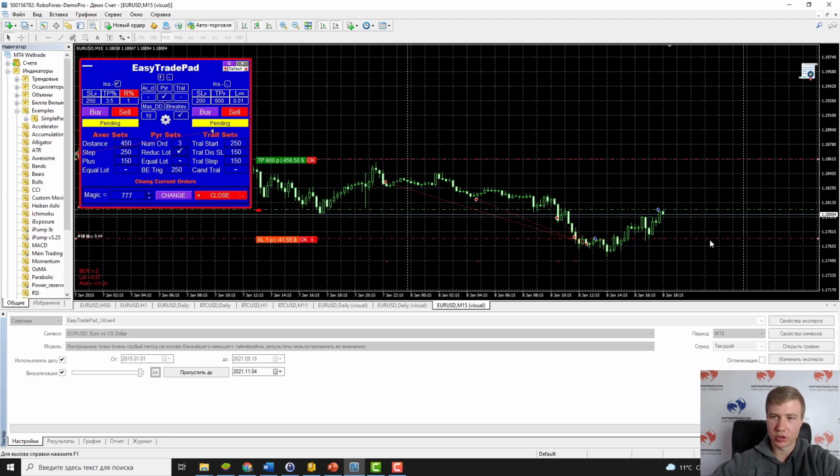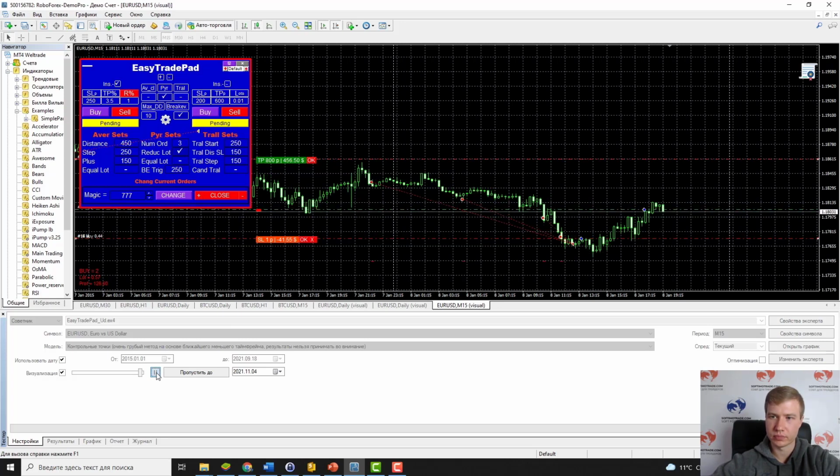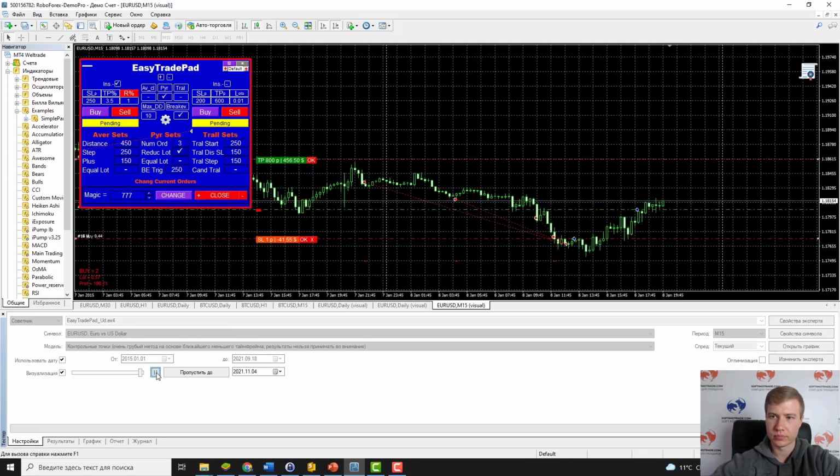Here it's configured in this way that we transfer to break even when we have a position passing the break-even trigger on the current order, that is 250 points. Accordingly, when 250 points are also reached on this order, the stop loss will be transferred to the break-even level for this order. Let's watch.